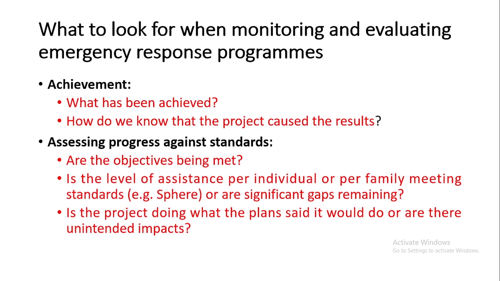For example, when the COVID-19 pandemic happened, the project plan was to have more people healed from the epidemic, fight the epidemic, and also prevent the epidemic from reoccurring. So you're assessing whether the objectives and the plans for this intervention were achieved.